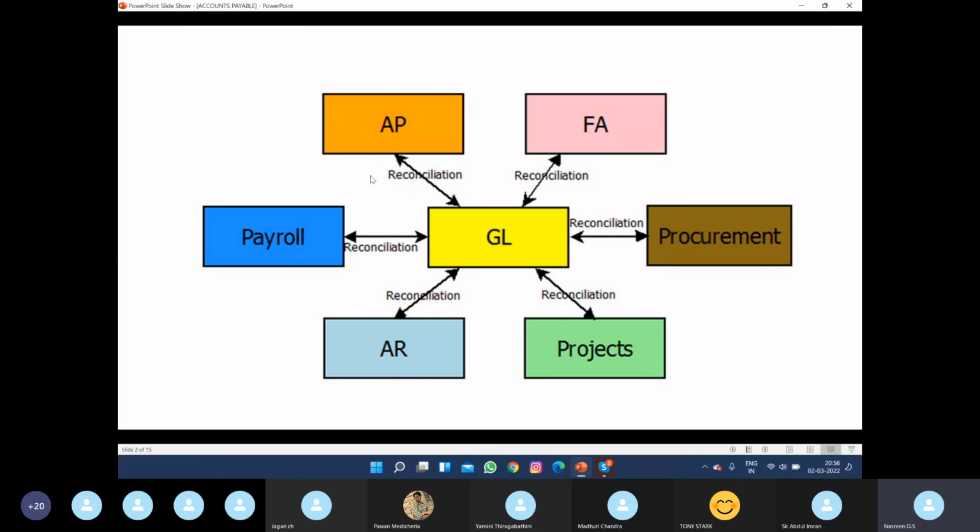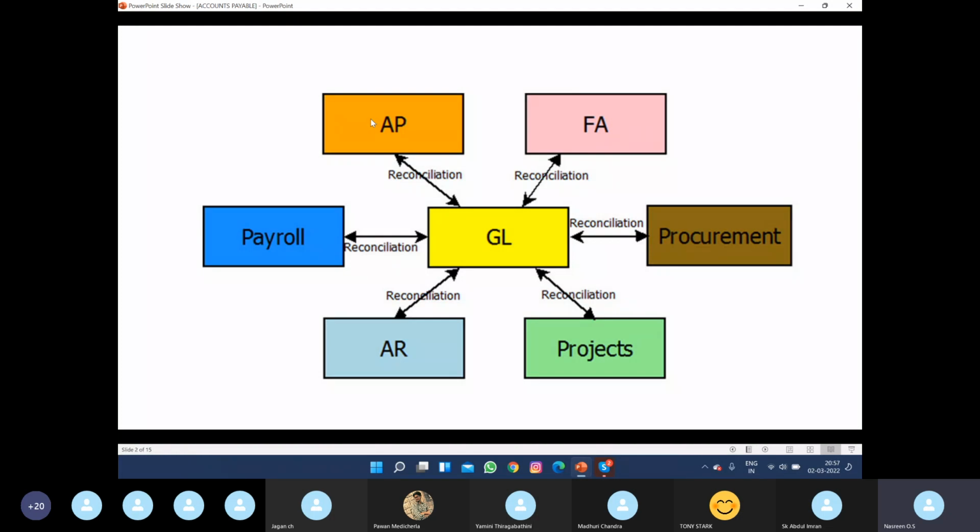How does this transaction data get updated in GL? It is because we also maintain an account called the reconciliation account. This reconciliation account is linked between AP and GL, and all the transactions that actually happen in AP are also updated in the GL account with the help of this reconciliation account.